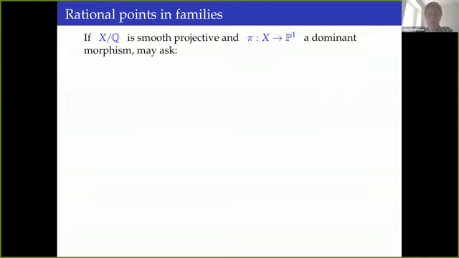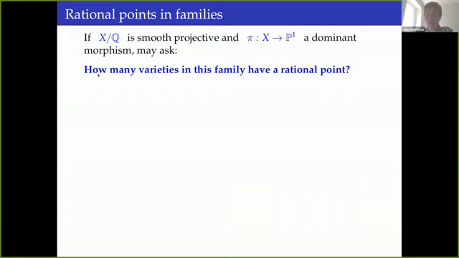We take a smooth projective variety equipped with a morphism to P1, so that we have a fibration over the projective line, which can be thought of as a family of varieties. And then you might ask how many varieties there are in this family that have a rational point.